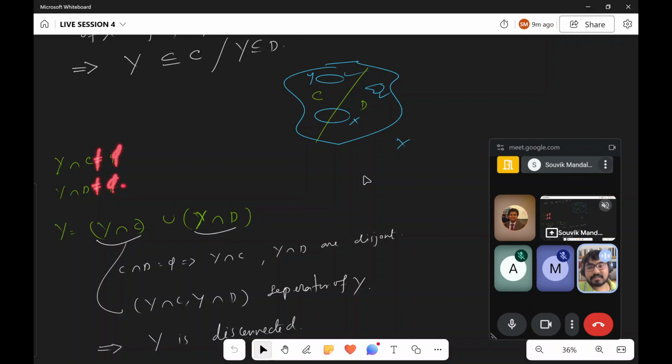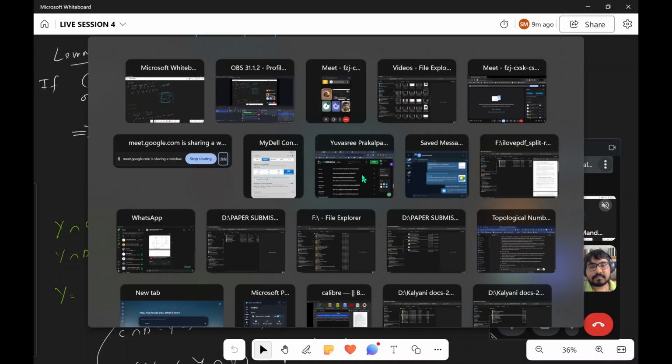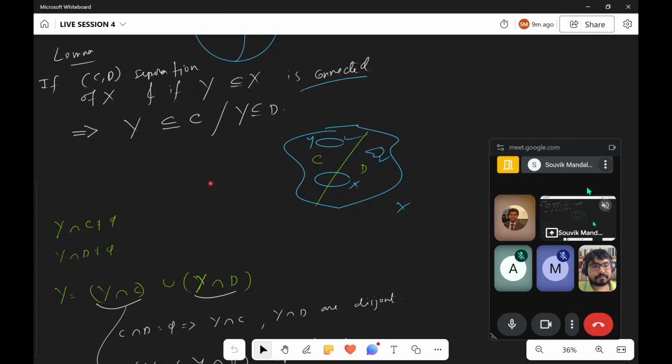Y intersection C is not empty, and Y intersection D is also a non-empty set. It is not both. It is only either Y subset of C or Y subset of D. It cannot be both. Okay, understood.